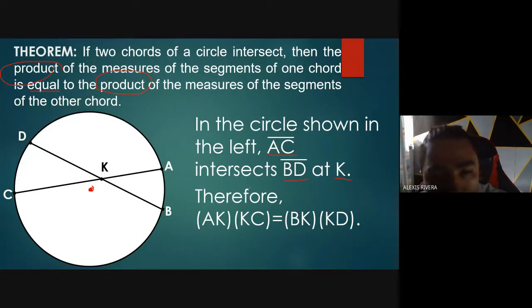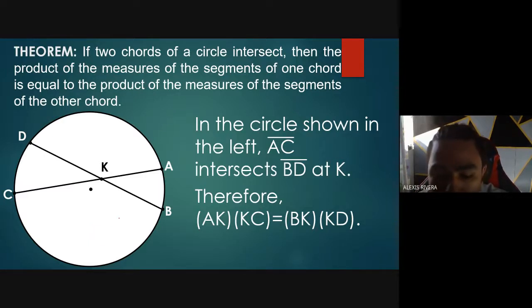And then, based on the theorem, the product of AK and KC will be equal to the product of DK and KB. So ganun lamang po kadali. Equal daw po silang dalawa. So the product of AK and KC will be equal to the product of DK and BK.